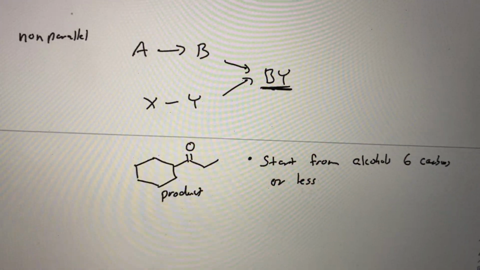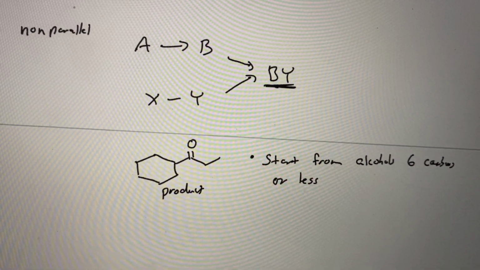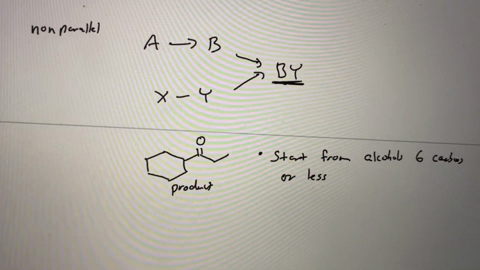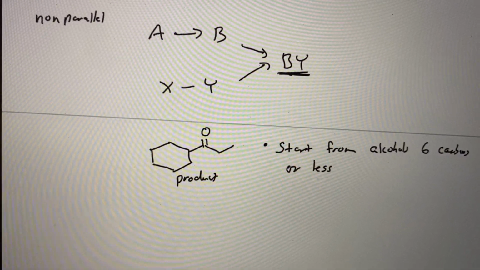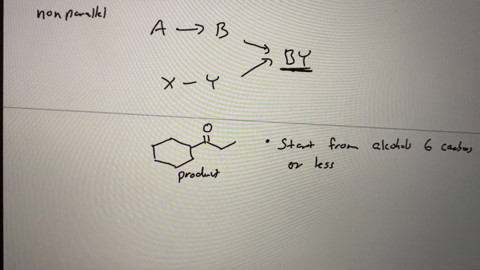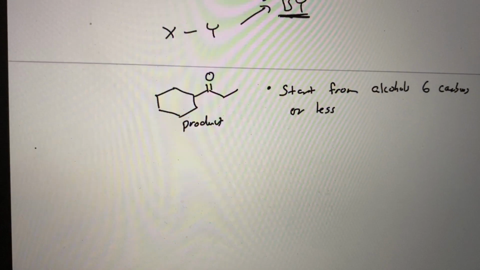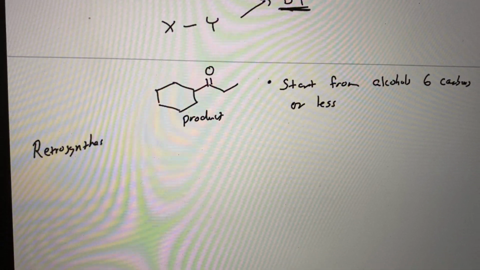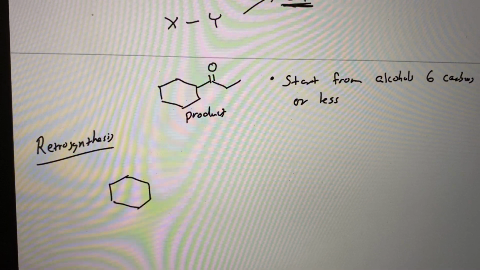So any sort of magnesium or other acids and bases. However, all of the carbons that are in this final product have to come from alcohols that are 6 carbons or less. And this is kind of intentionally done because you notice that there's more than 6 carbons here. So what we can think about doing is, let's do this retrosynthetically first. Is we have this 6-membered ring.